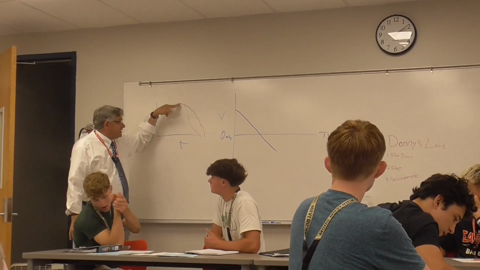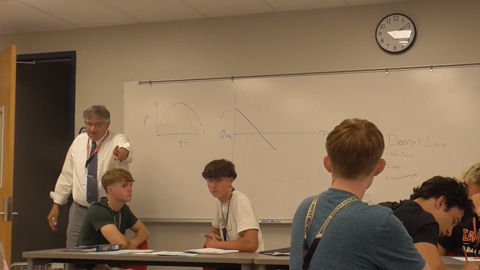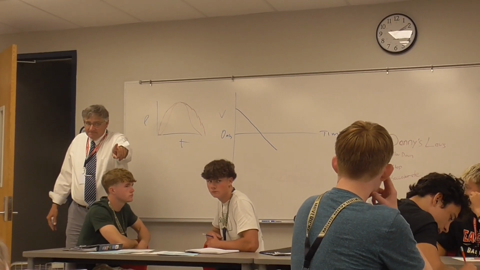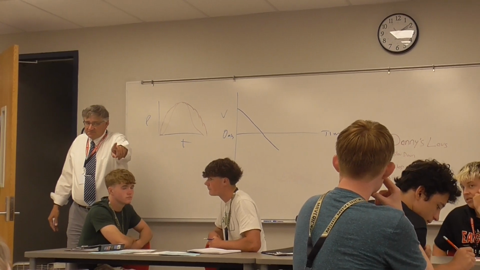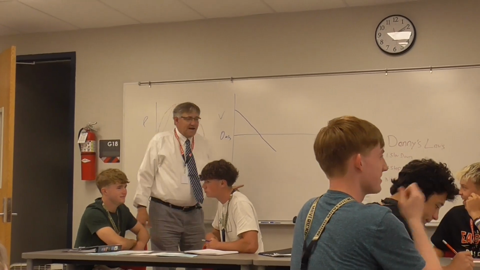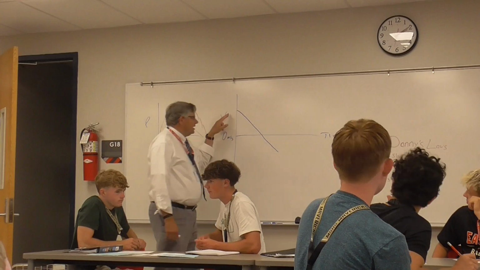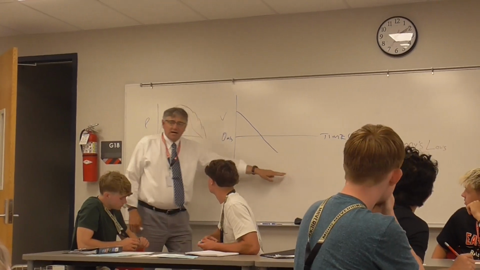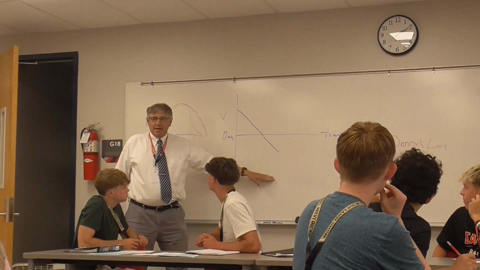After that point, what does it begin to do? What's the sign of the velocity? Negative. Okay. Now, there's a story. Does this line show it speeding up, or does this line show it slowing down, stopping, and speeding back up?